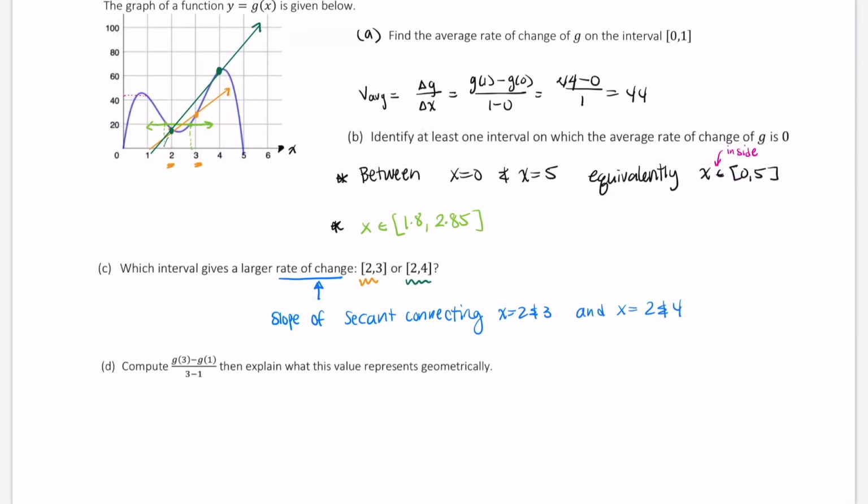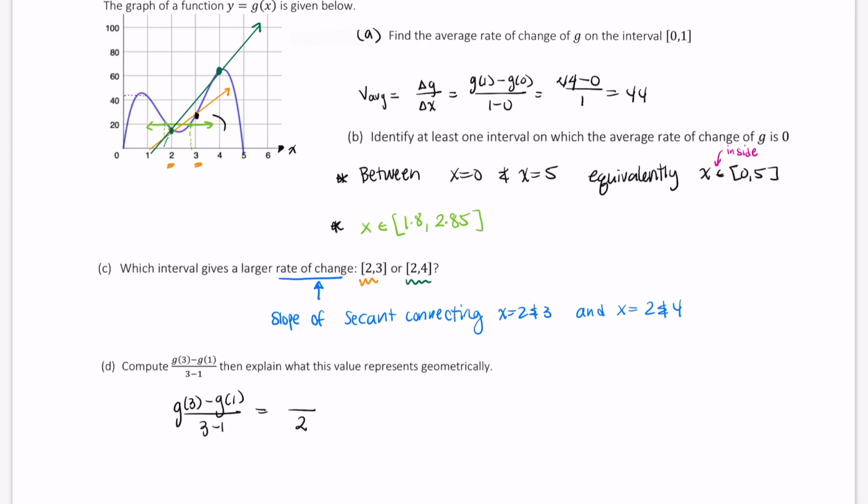Next, let's compute this difference quotient, then explain what this value represents geometrically. So g of 3 minus g of 1 over 3 minus 1, our denominator yields 2. When x is equal to 3, g has this output here.